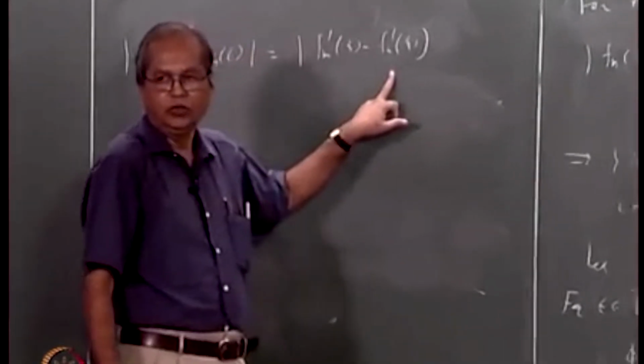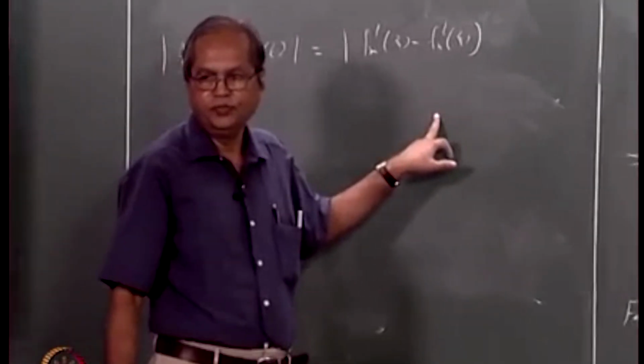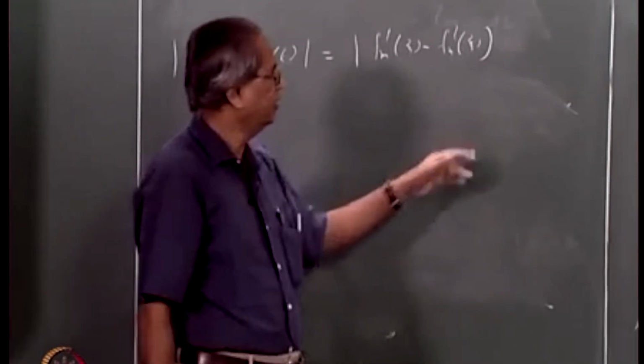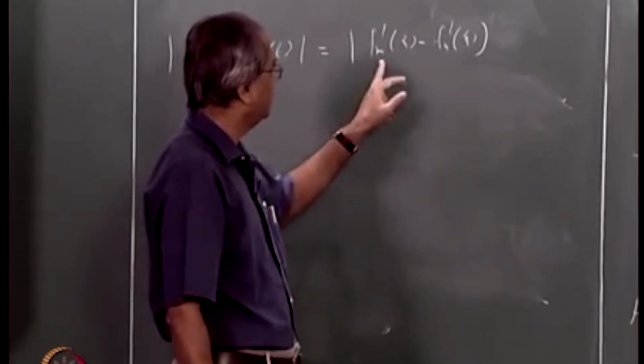We already know that Fn prime converges to g uniformly. So given epsilon, we can always find some n0. Let me just write.